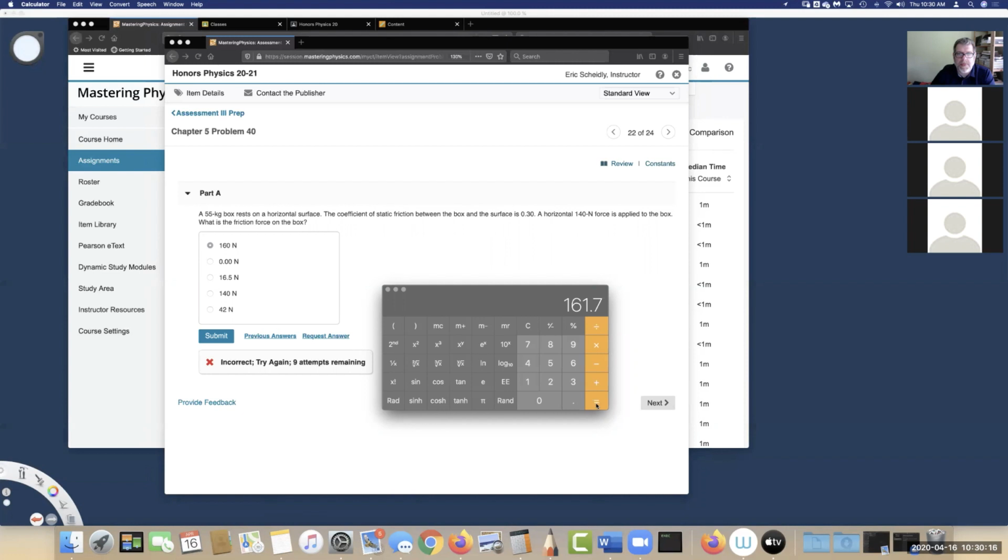I just did mu mg and got the static friction force. This horizontal force applied to the box is irrelevant. Oh, is it not going to move though? Because in order to move it, you'd need more than 161. So what is the friction force on the box? So is it 0?